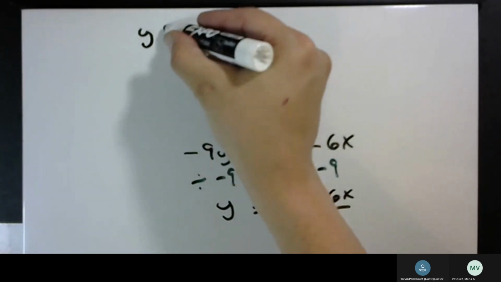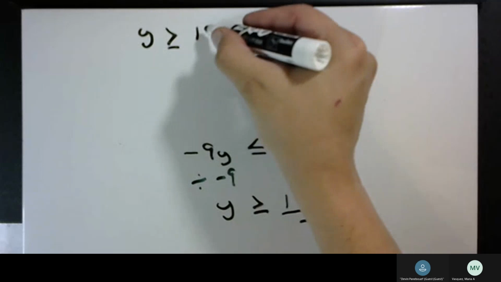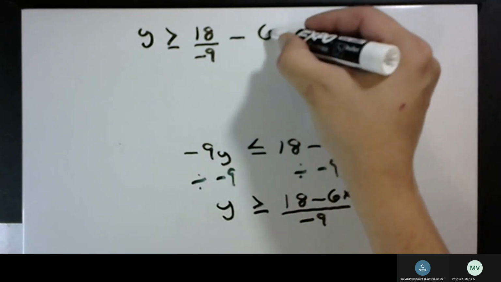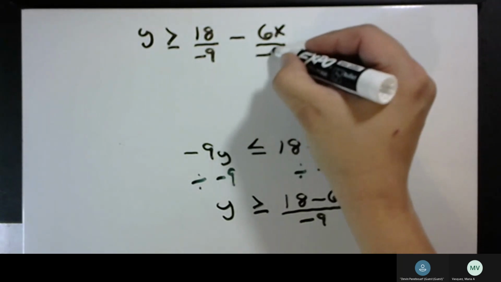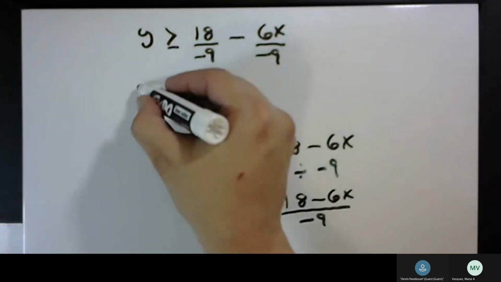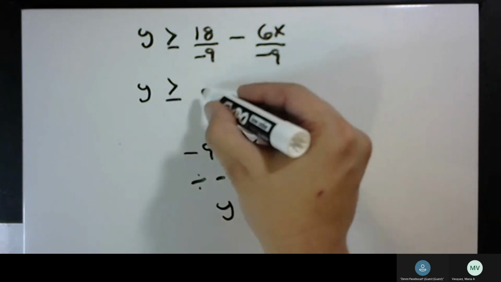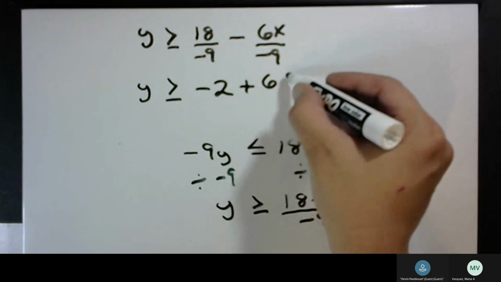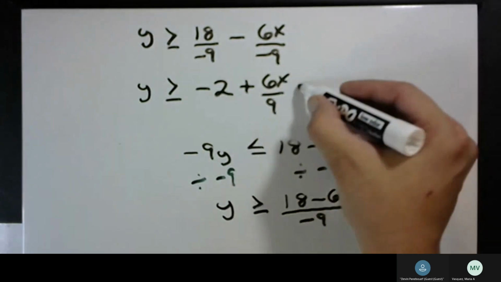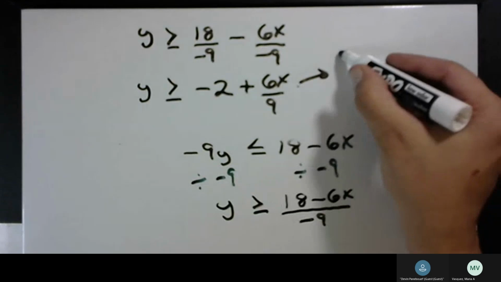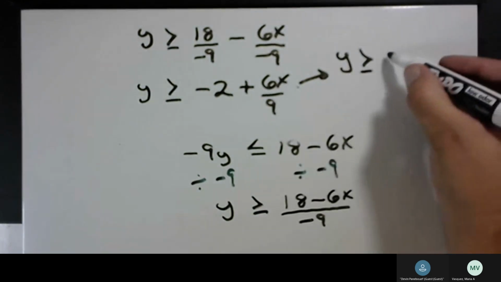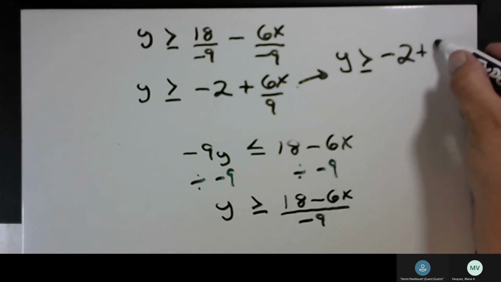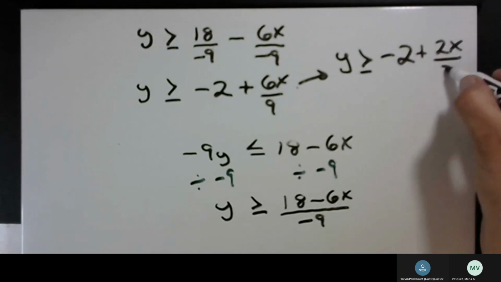So we'll get y greater than or equal to 18 over -9 minus 6x over -9, where y is greater than or equal -2. Negative and negative is positive. And then we'll just finish over here. We get y greater than or equal to -2. This reduces to 2/3. So you have 2x over 3.